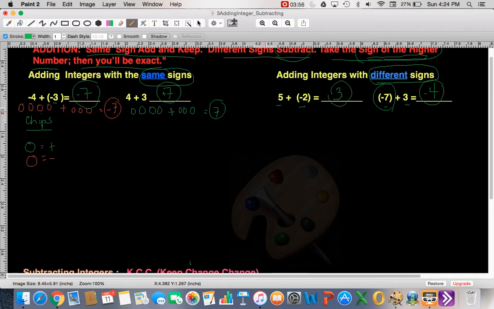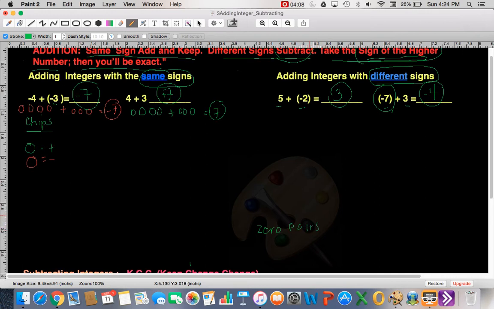Easy, right? Now, on the other hand, here you're adding integers with different signs. We're going to use the so-called zero pairs. Do you remember zero pairs from the last lesson? It's an additive inverse, so you're adding integers with 0 as the answer.